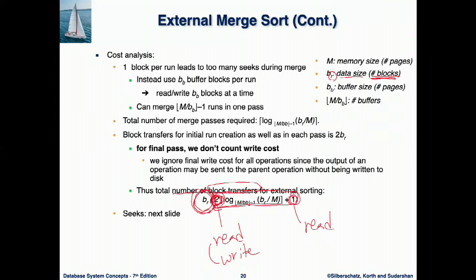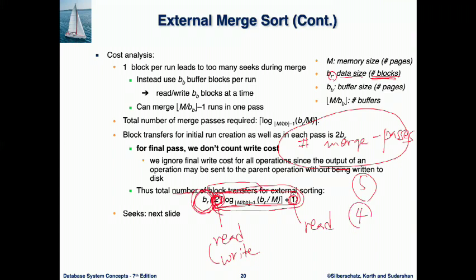What's happening here is essentially we are interested in knowing the number of merge passes. That's what matters. So when it comes to block transfers, how many merge passes do you have? That's the key question. If you have 5 merge passes, then there will be 4 previous merge passes and 1 final merge pass. And in each of the 4 merge passes, you have 1 read and 1 write. And in the last merge pass, you have 1 read.